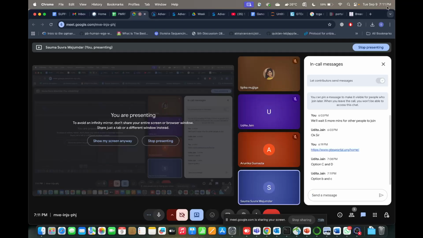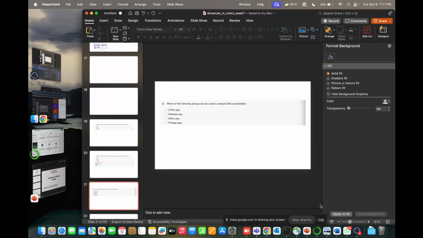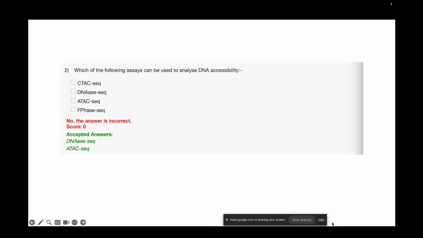Okay. Yeah. So options B and C are correct. DNase-seq is basically a technique that uses an enzyme called DNase, which cuts open chromatin regions.